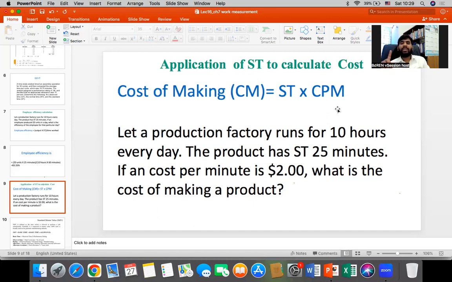Then we calculated the normal time. Normal time means observed time multiplied by the performance rating of the employee. Then we have calculated standard time. Standard time is normal time multiplied by the allowance factor.